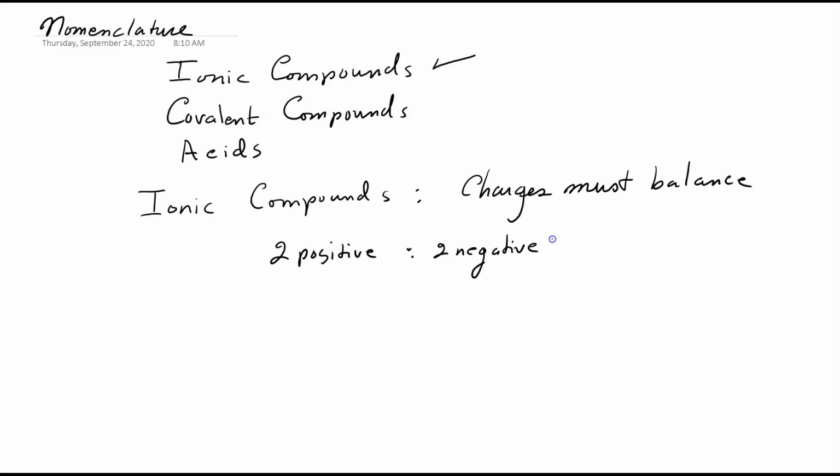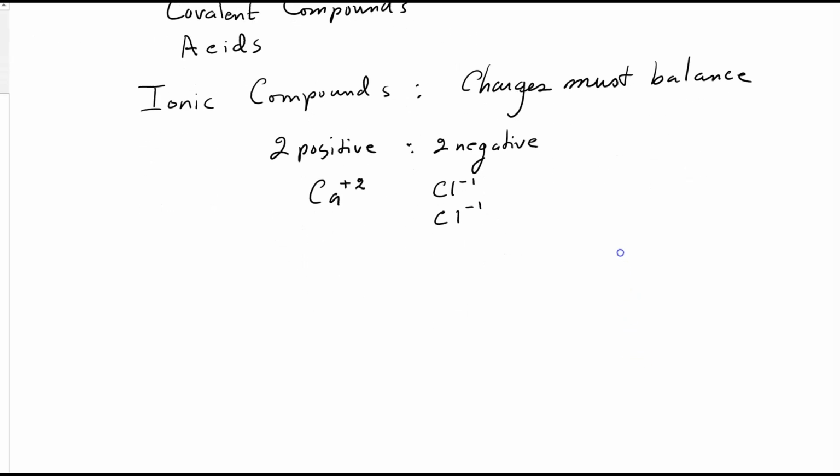For example, if we had a calcium ion with a +2, we would need two negative charges. In this case, let's say that we used chloride. So chloride is a -1. We would need two chloride ions to balance it completely.